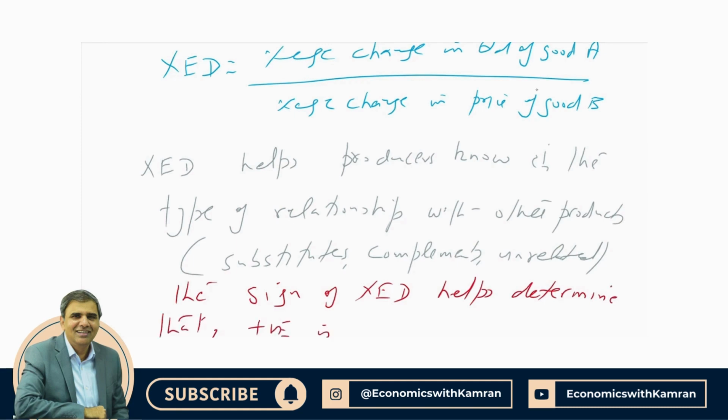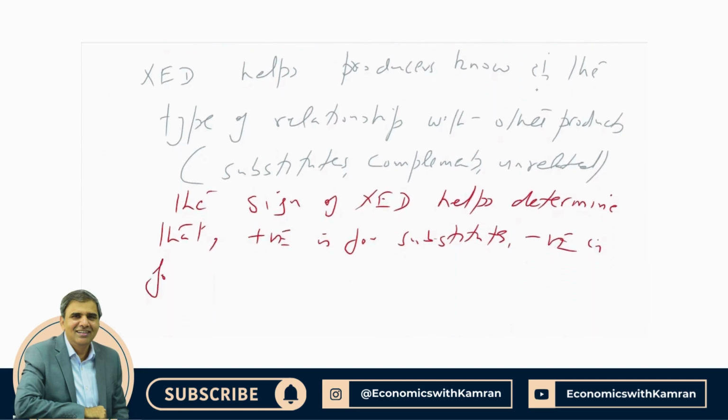Positive is for substitutes, negative is for complements, and zero is for unrelated goods.